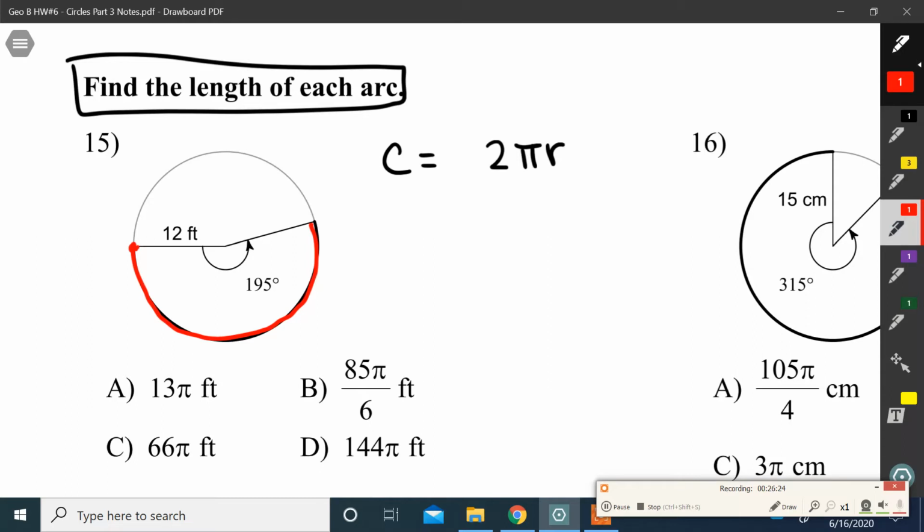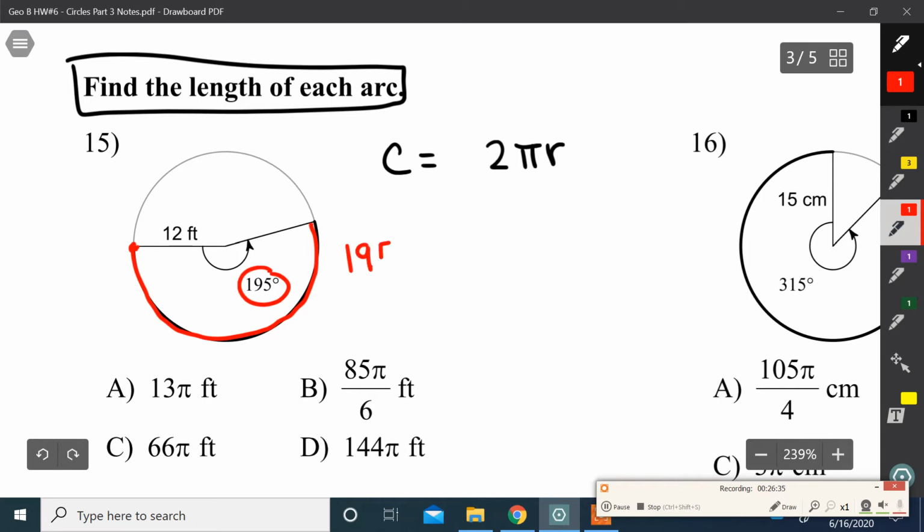So how do I do that? Well, after I find the whole circumference, I'm going to find a fraction. And that fraction is going to be 195 over 360. What does this mean?